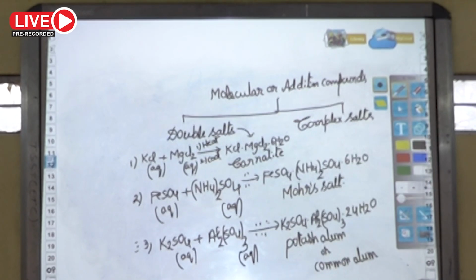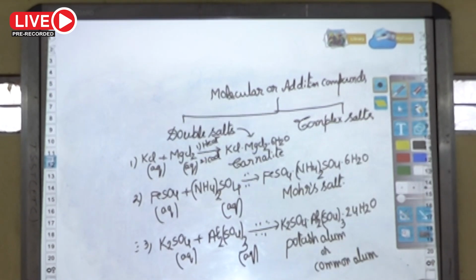So you can define a double salt as an addition compound which is formed by mixing two saturated solutions, heating and cooling. But one characteristic property of double salts: when dissolved in water, they completely ionize and lose their properties. So double salts can only exist in solid state or crystalline state.